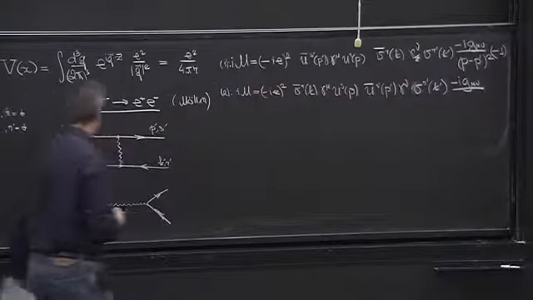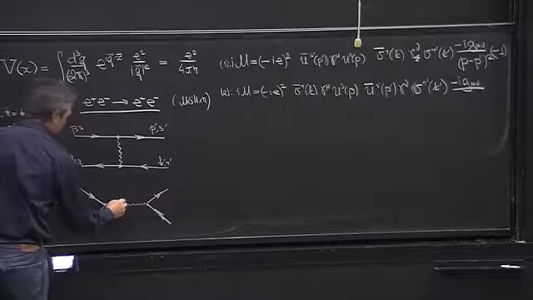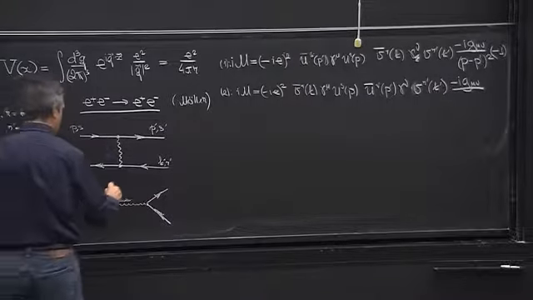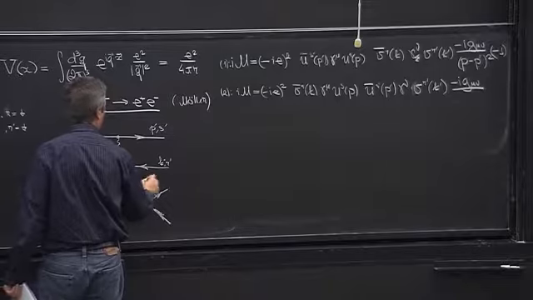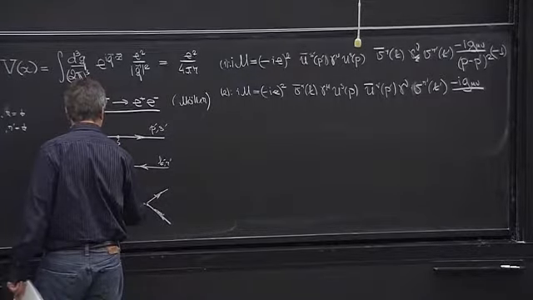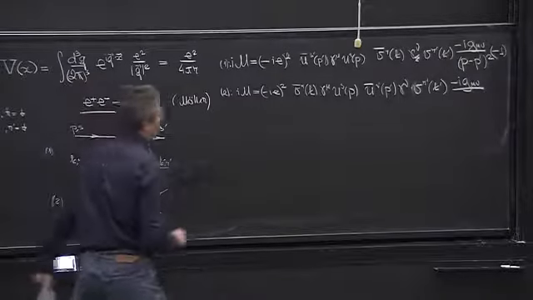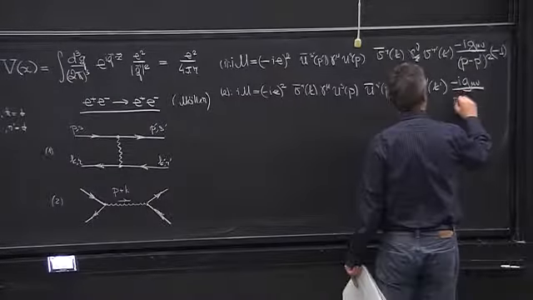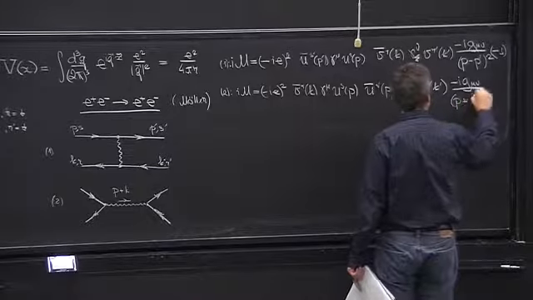But the momentum flowing through the photon line will be different. So here the momentum is P plus K. So this will be equal to, the denominator will be different.